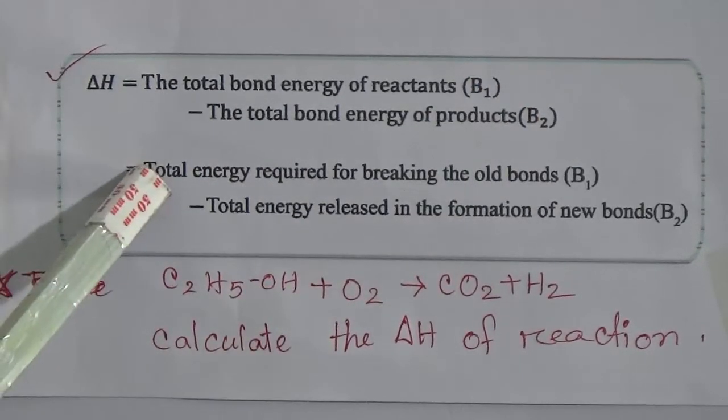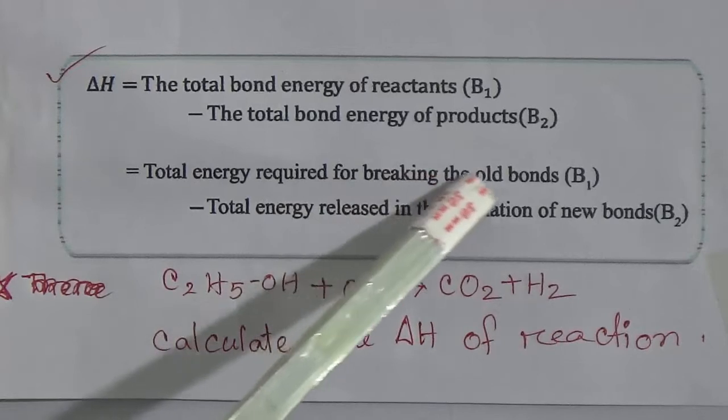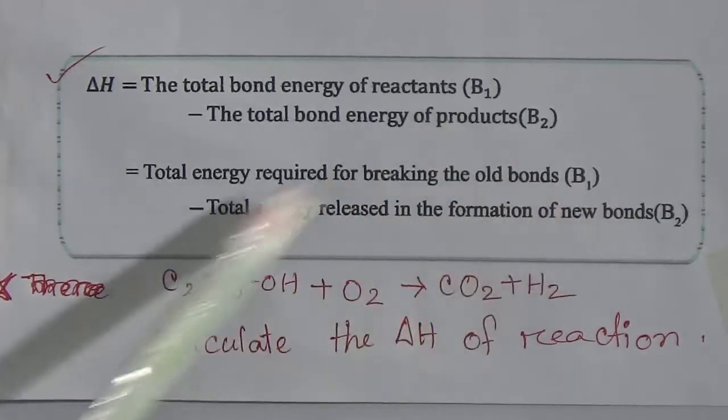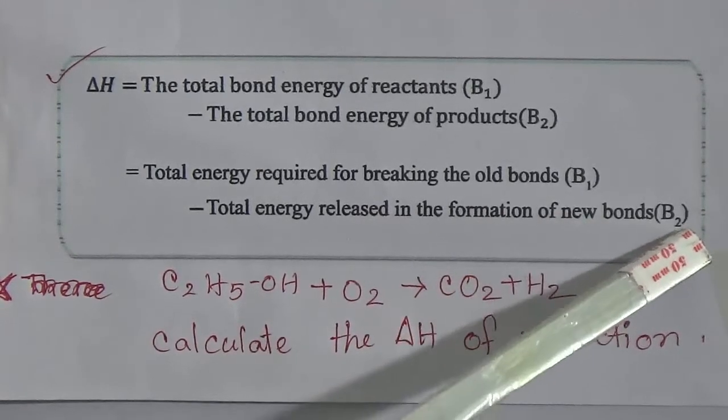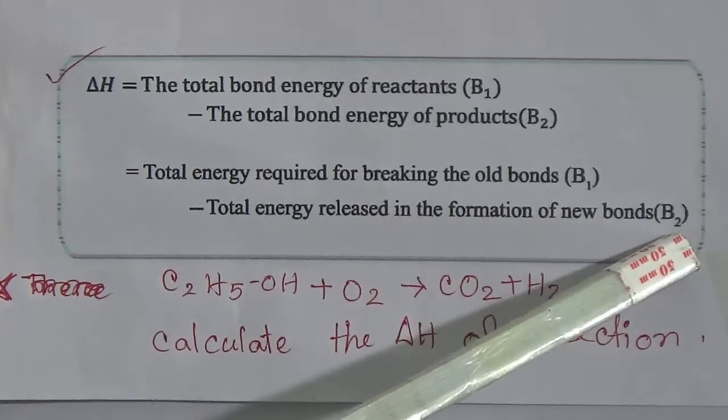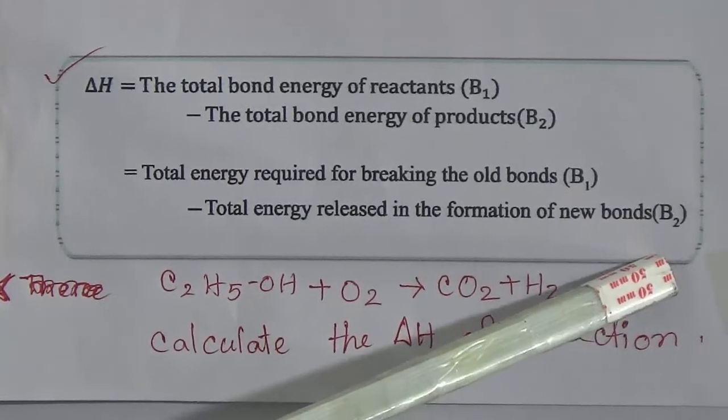That means total energy required in breaking the old bonds, that is B1, and total energy released in the formation of new bonds, that is about the product, that is B2. B1 minus B2 is equal to del H.